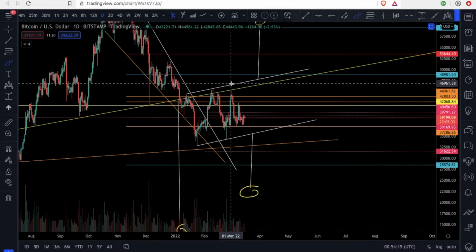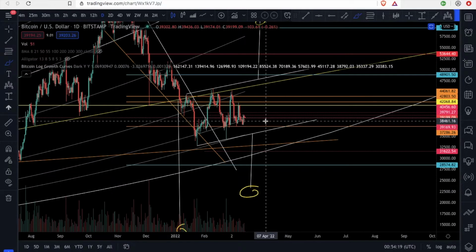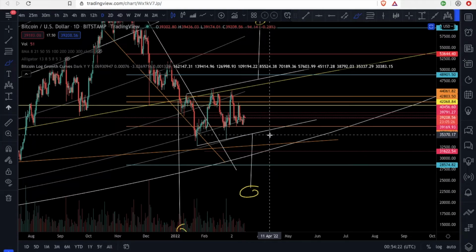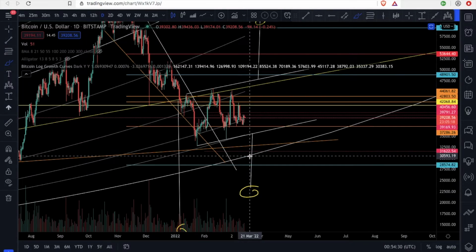The next very strong support would be all the way down to the $35,380 level, and the last legacy support for the moment, in the short term and mid term, will be all the way down to the $30,580 level on this range right here. Those will be the supports.